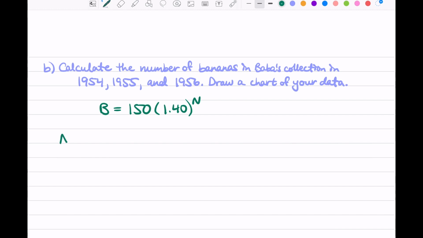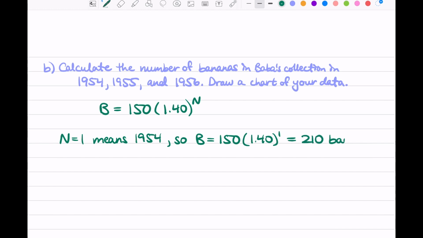So if we consider n equals 1, this means 1 year after 1953, which is 1954. And using our model, the number of bananas in 1954 would be 150 times 1.40 to the first power. And using a calculator, we would get 210 bananas.